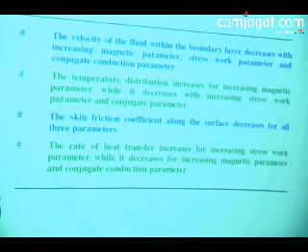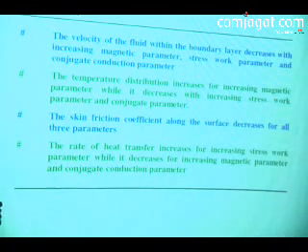From the above discussion, we may conclude the following. The velocity of the fluid within the boundary layer decreases with increasing magnetic parameter, stress work parameter, and conjugate conduction parameter.